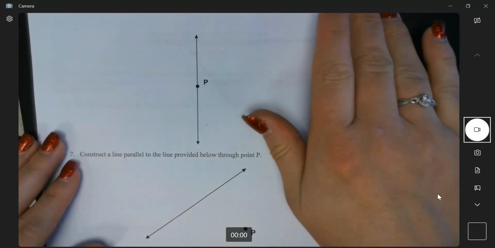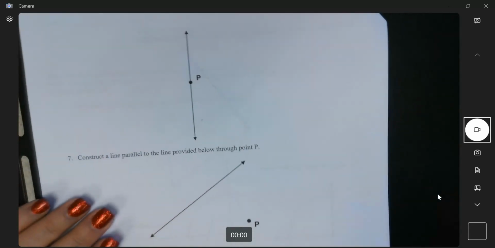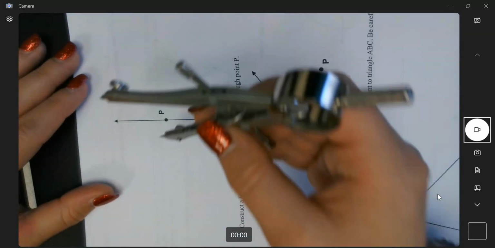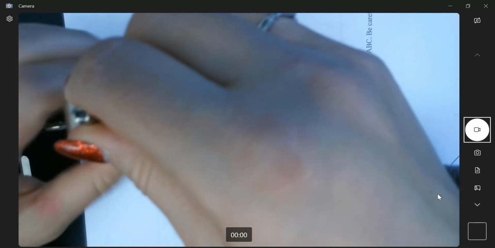So what I'm going to do is take my compass and flip my paper too, so it's a little easier to work with. I'm going to make sure that it's stretched enough that my compass will be able to make a mark on each side of P on this line.